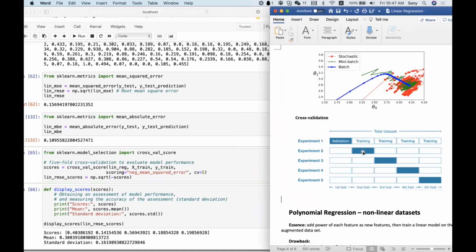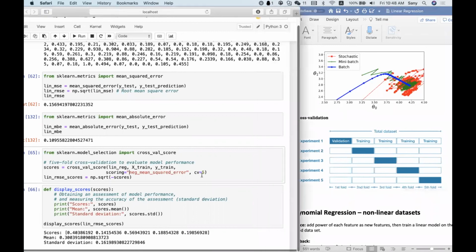It will take the second fold as testing, you can see the deeper color one. In experiment 2, it will use the second fold as the testing set, and it will use the remaining four folds as the training set. And then iteratively, after doing 5-fold cross validation, it will give you scores.